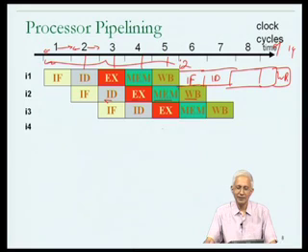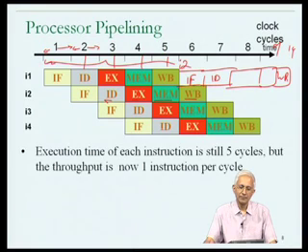What is the net effect? The net effect is that, just like in our previous simple perspective of the hardware, the amount of time that it takes to execute a single instruction is still 5 cycles. But with this new perspective on reusing the hardware as soon as possible, the rate at which instructions can complete is now 1 instruction per cycle.